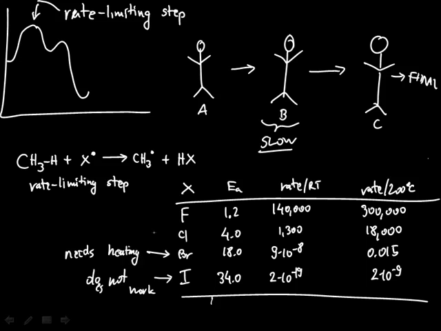With chlorine, it already works at room temperature, and this is probably why we chose this reaction as the first one to study. And with fluorine, it works, but it works too well. What does this mean? The reaction is too fast, and so oftentimes this leads to explosions. It's overly violent.